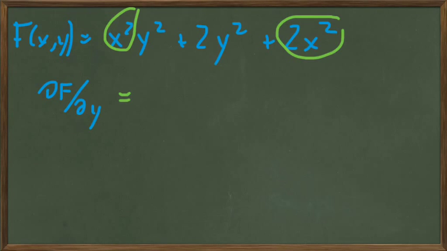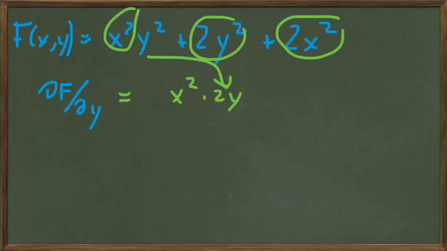So we repeat the constant and take the derivative of the y squared and get 2y. The derivative of this term is just a normal derivative because it's all in the variable y, so that would be 4y, and then the derivative of this term, because it's all in the variable x, is just 0.